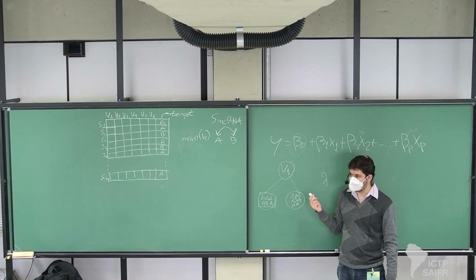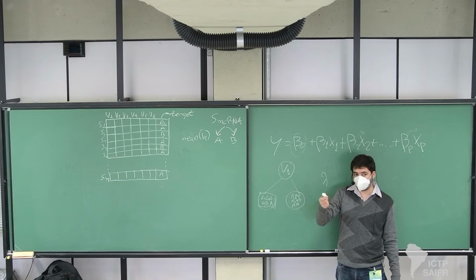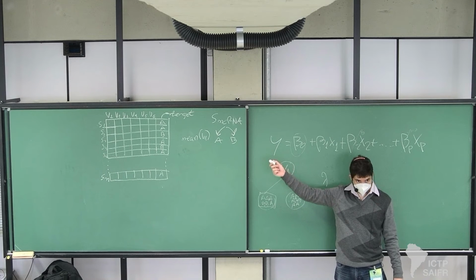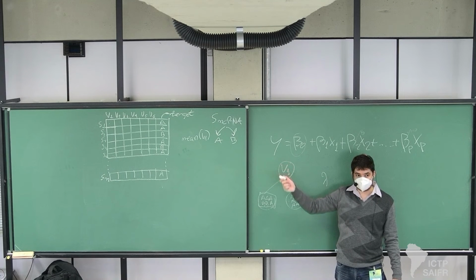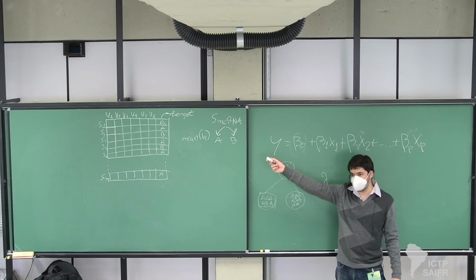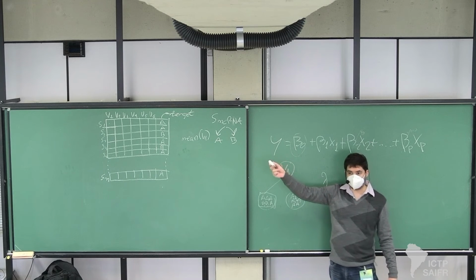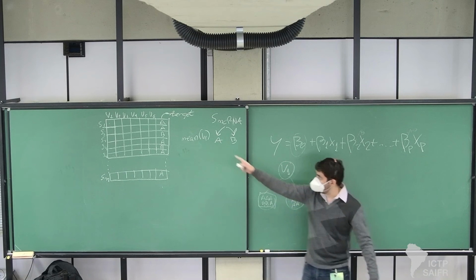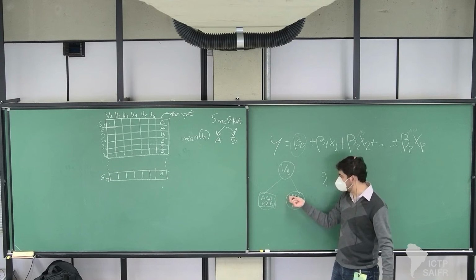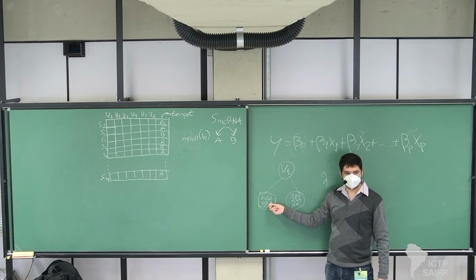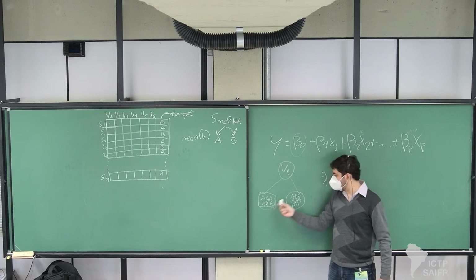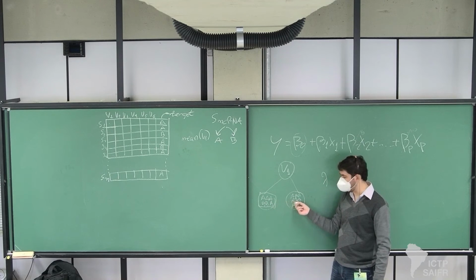Okay? So this is actually what a decision tree does. It gets one variable and sees, oh, let's see how that variable separates data. And then it sees how the subsets that were constructed are.